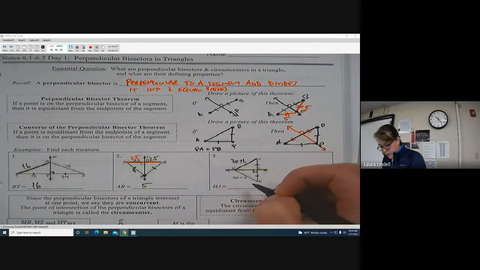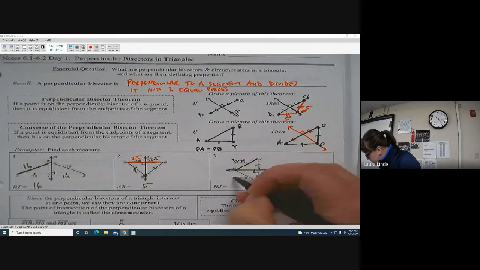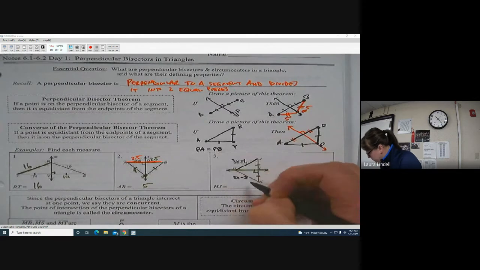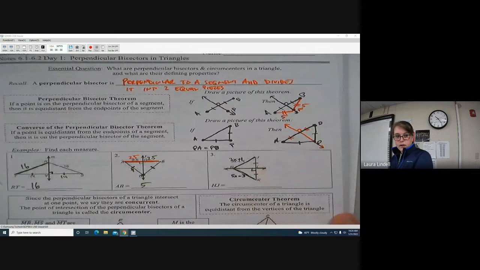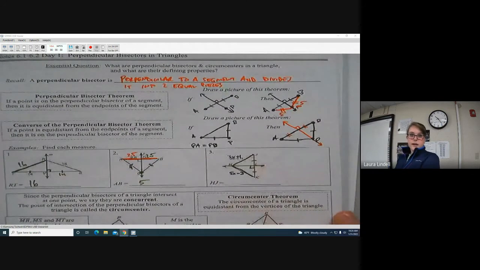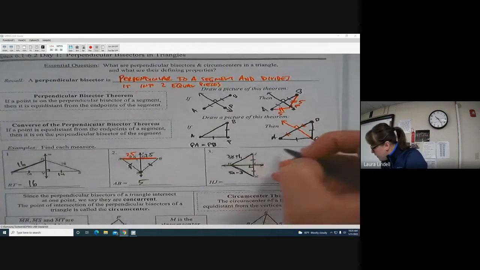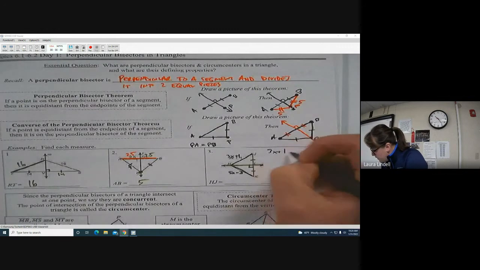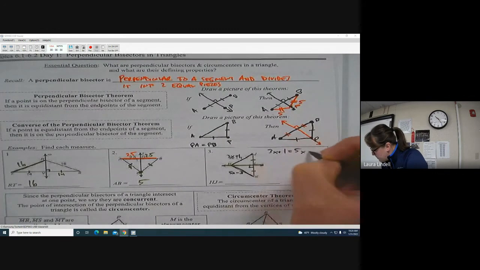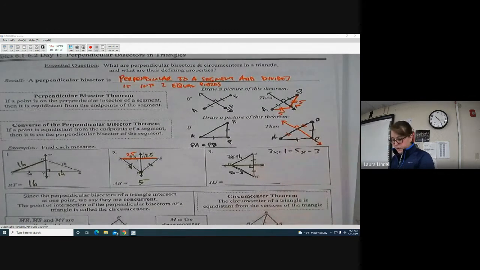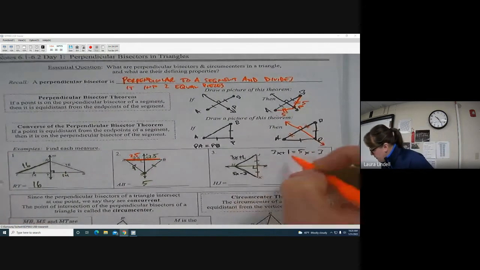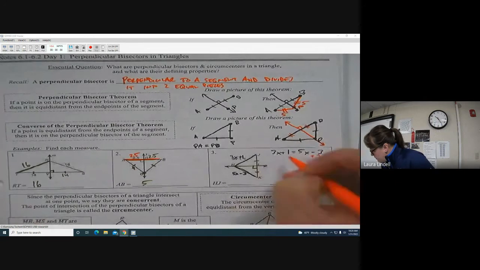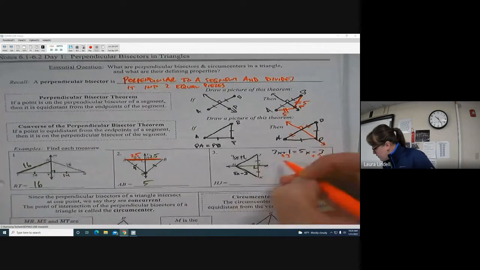Is that an 8 or a 3? I think it's a 3. 5x minus 3. I know that that's going to be the same as this distance here. With two things that are equal to each other, we can set them equal: 3x plus 1 equals 5x minus 3. So we'll go ahead and solve for x. Plus 3 on both sides.